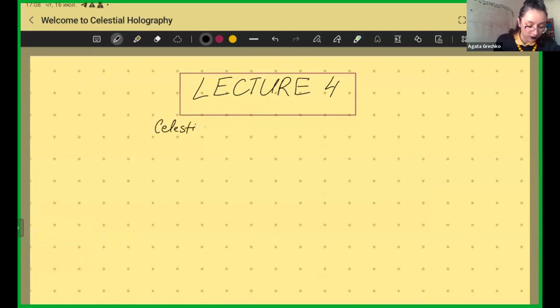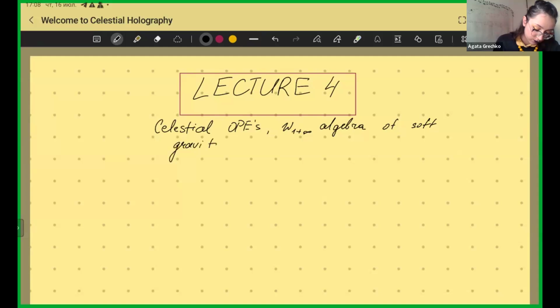Celestial OPEs. W1+infinity algebra of soft gravitons and its connection to twistors.